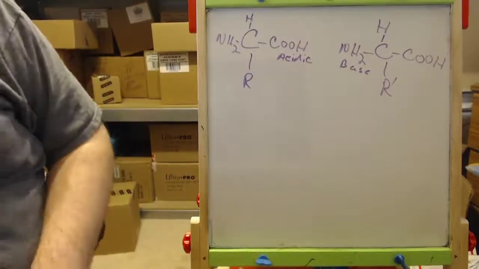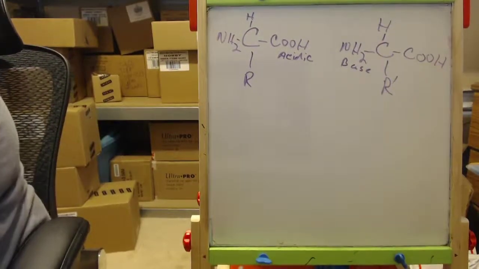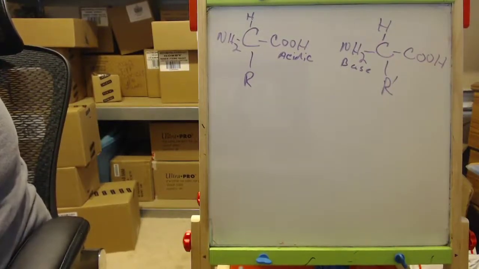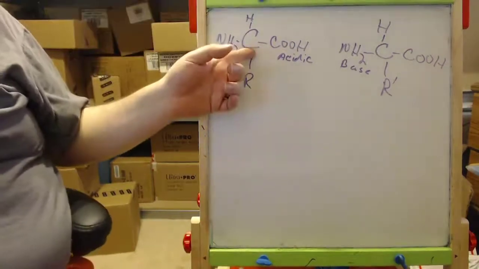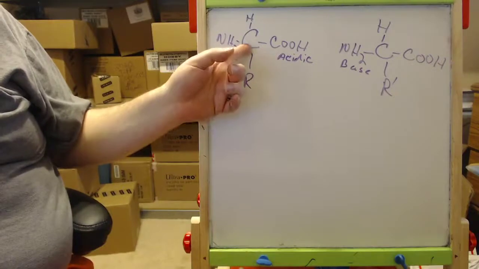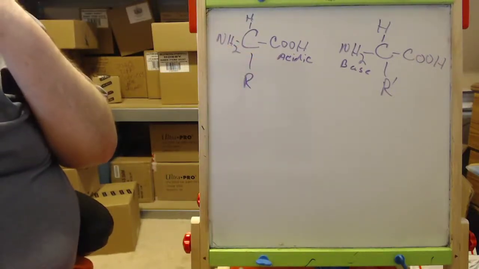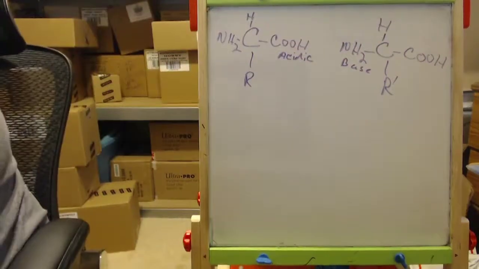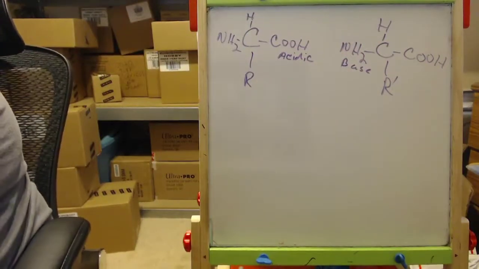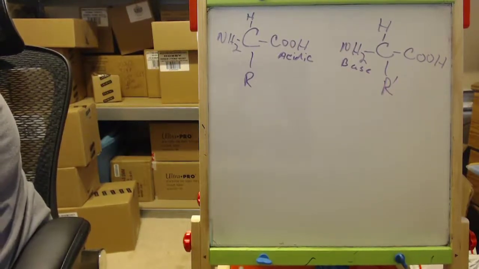Okay. Now, in biology, they're going to call it the N-terminus and the C-terminus. Okay. This is the alpha carbon. The side chain is off the alpha. And we have the N-terminus and C-terminus, which we know as the amine end and the carboxylic end.